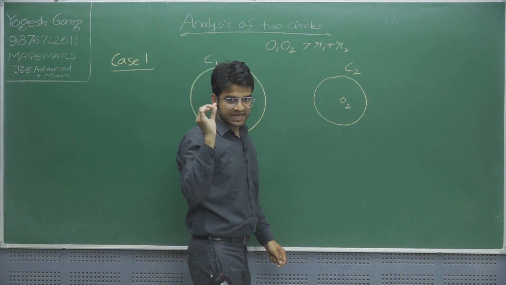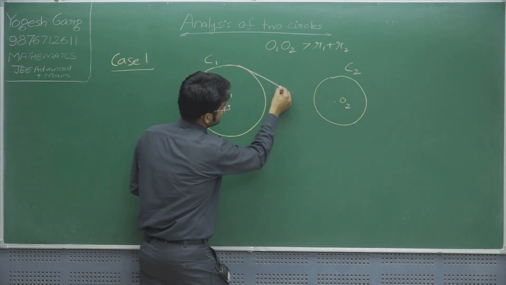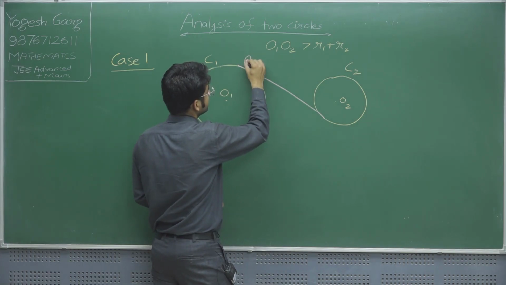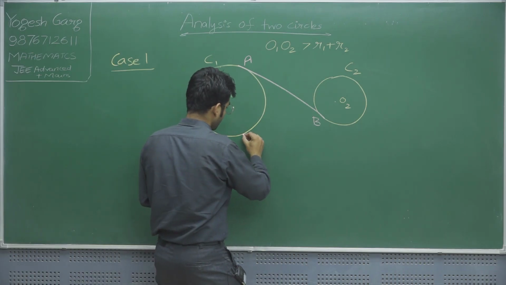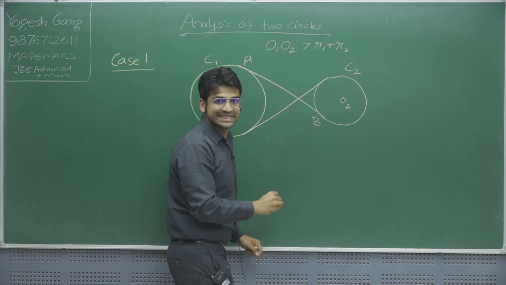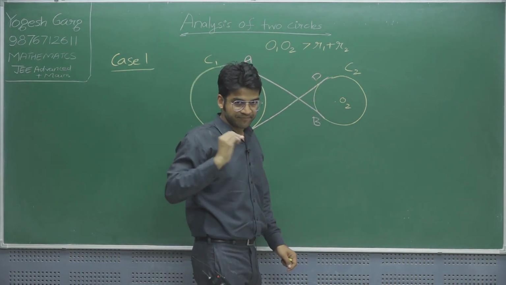The two tangents that I am drawing with pink color, let us name this tangent AB, and this one CD.